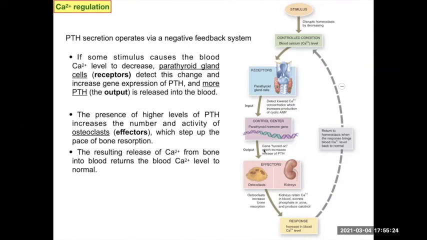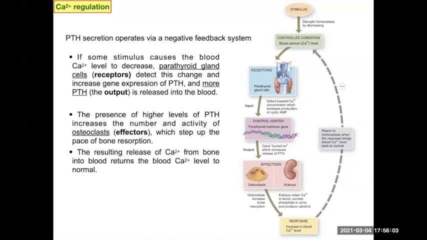The output will be the PTH, which goes to the effectors, both the bone and the kidneys. We're causing an increase in calcium levels, which will turn this signal off. So that's your whole standard negative feedback thing.